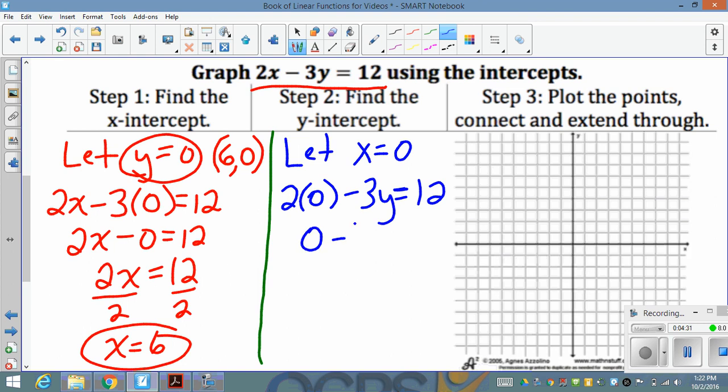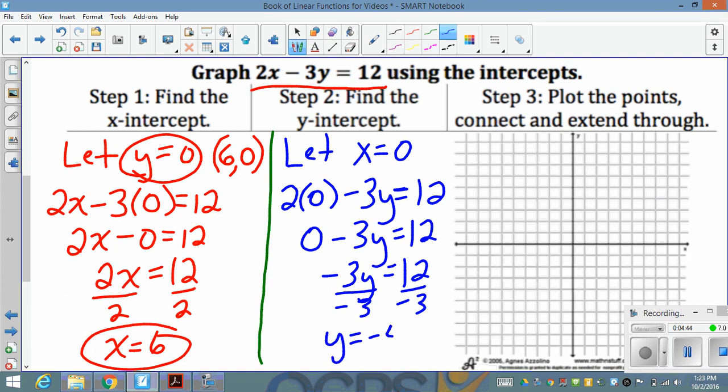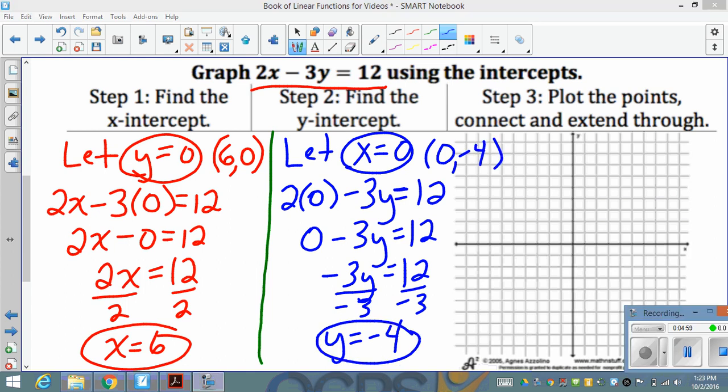So I get 0 minus 3y equals 12, which is just negative 3y equals 12. Dividing by negative 3, I get y equals negative 4. And again, this is actually a point. This time your x is 0 and your y is negative 4.